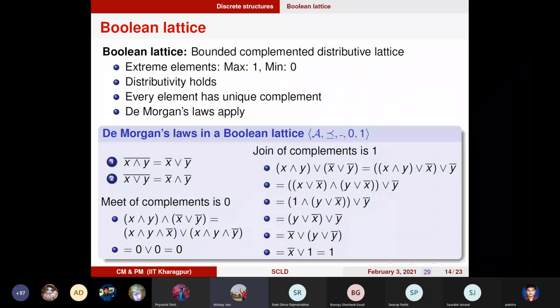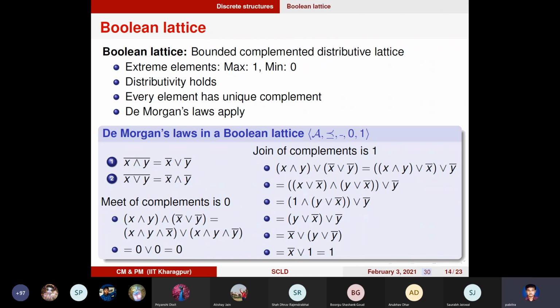Then we will find the complement for x join y. We'll show that x meet y, and the join of complement of x with... Yes, what else, sir? The meet of x join y, and complement of x meet with complement of y are complements of each other. Very good. So basically we'll prove that these two elements, if we take their meet, it is 0. If you take their join, it is 1. That will prove it.